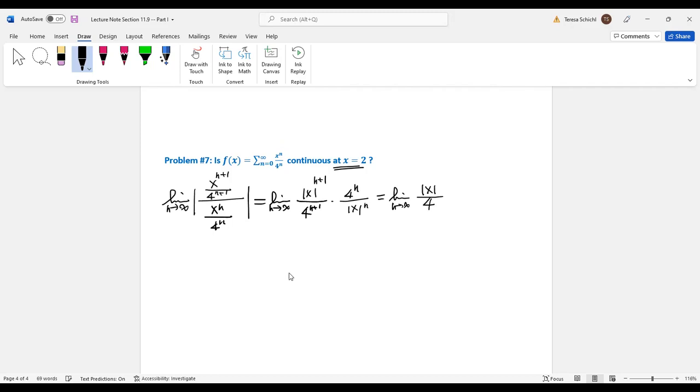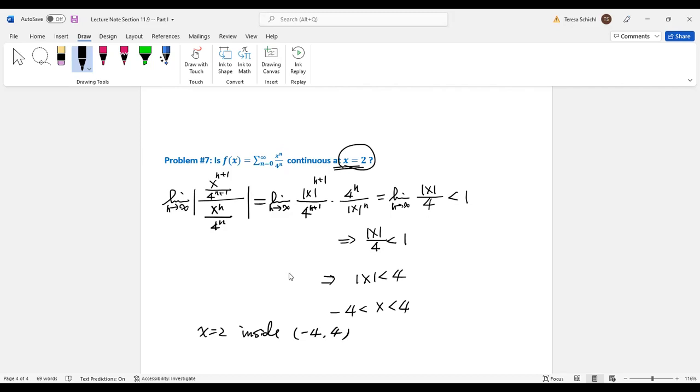So this will be less than 1. The limit exists or not doesn't matter because the n's cancel out, right? So the absolute value of x over 4 is less than 1. So I know x is less than 4, so x is from negative 4 to 4. And x equal to 2 is inside this radius of convergence here, right?